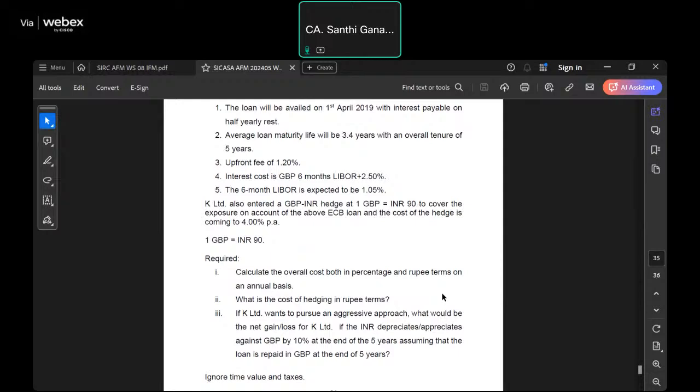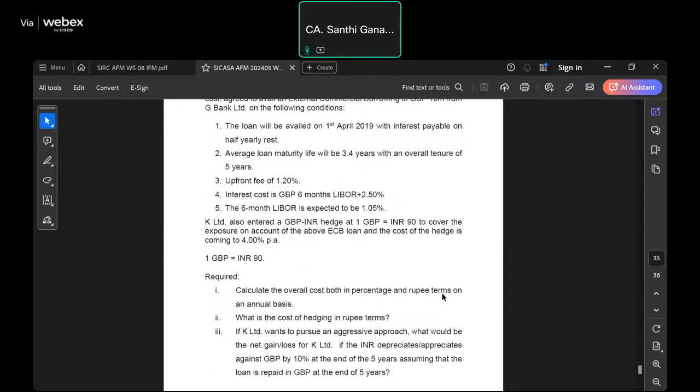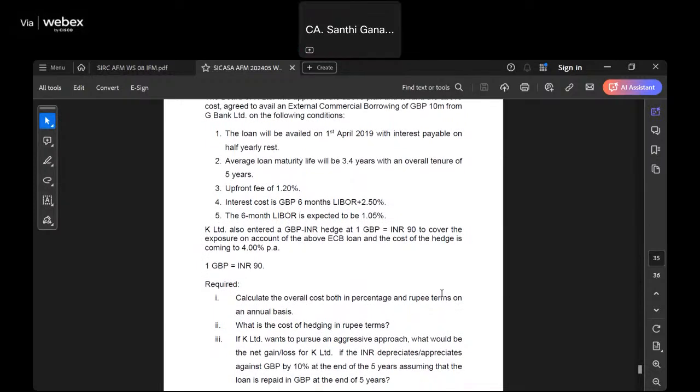K Limited also entered a GBP INR hedge at 1 GBP equal to INR 90 to cover the exposure on account of the above GBP loan. And the cost of the hedge is coming to 4% per annum. 1 GBP is equal to INR 90. Please try.